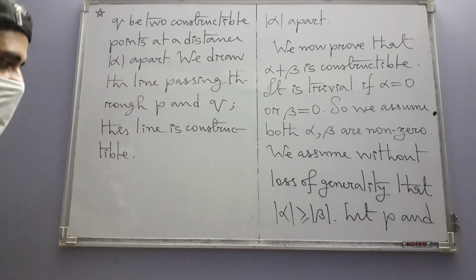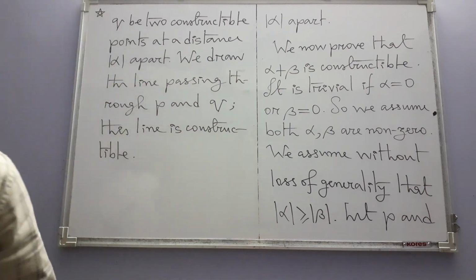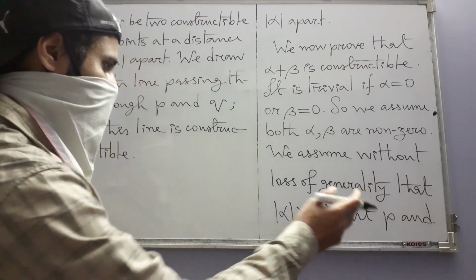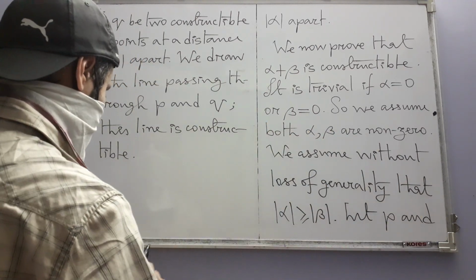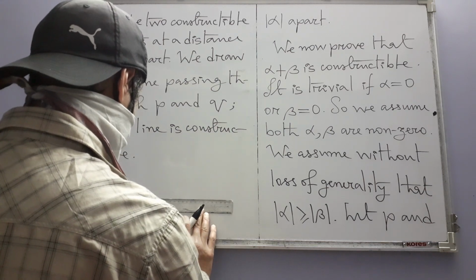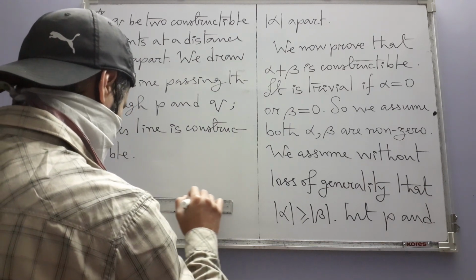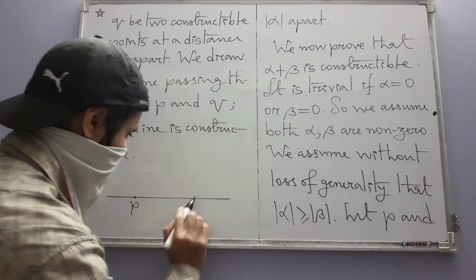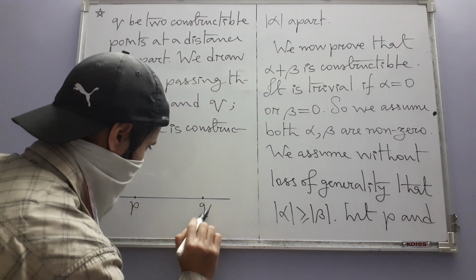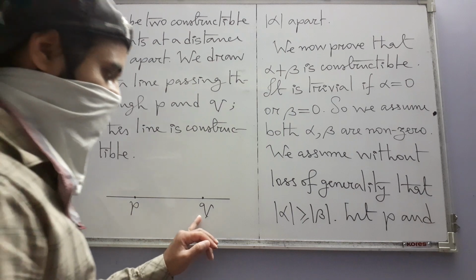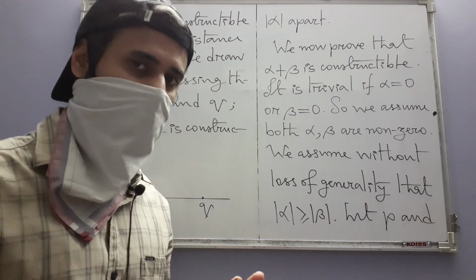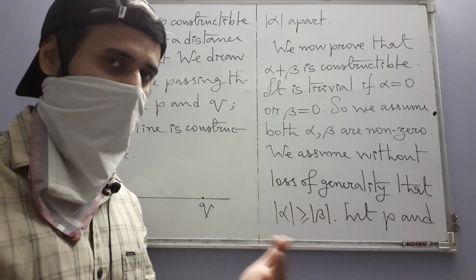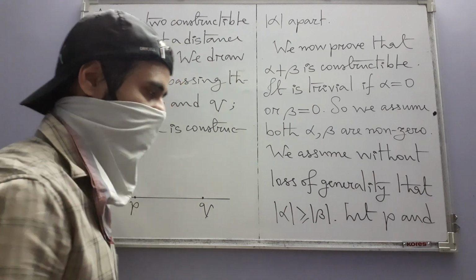So now we are going to do a little drawing. Because alpha is given to be constructible, P and Q exist somewhere in the plane. So what we have done is this. This is our P. This is our Q. Keep in mind that these are not capital P and capital Q. They are points that are given in the plane, fixed points which are at a unit distance apart from each other.